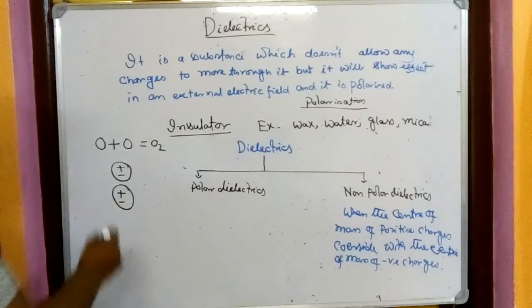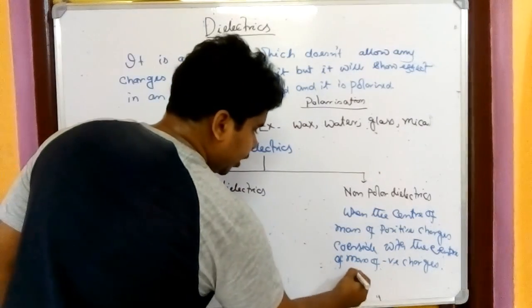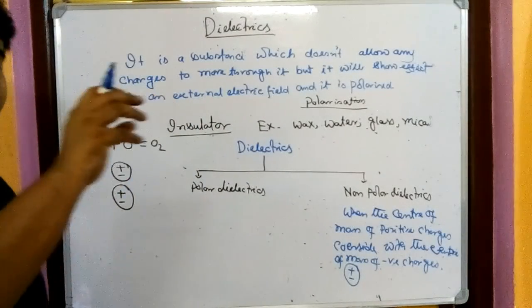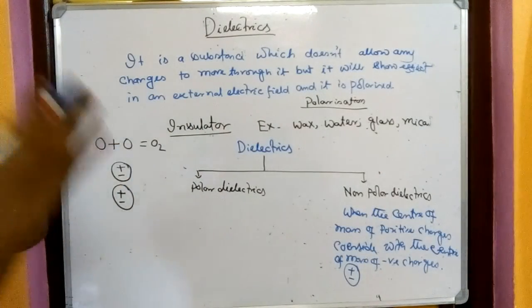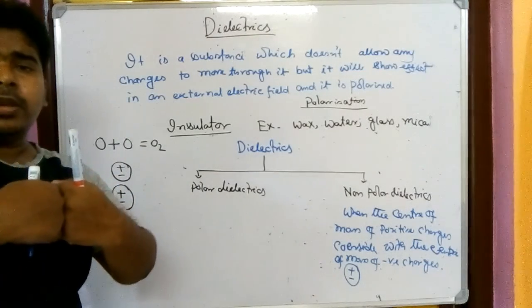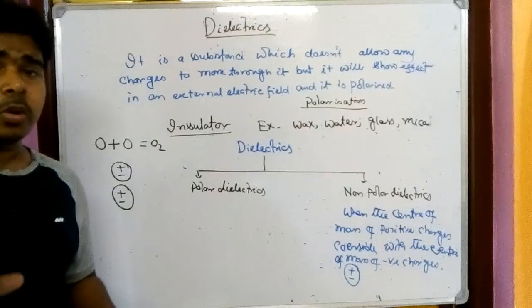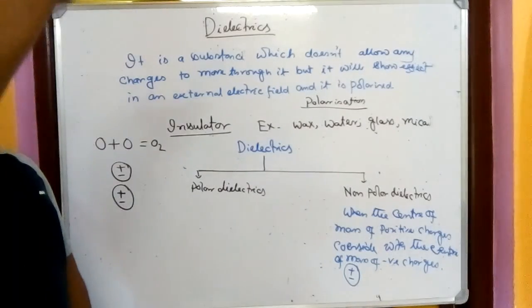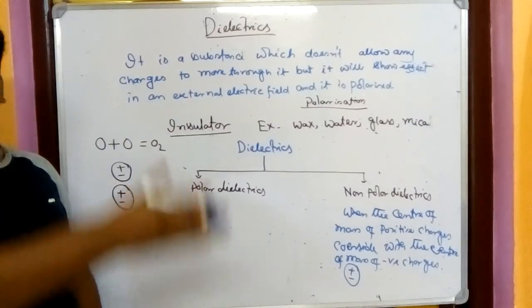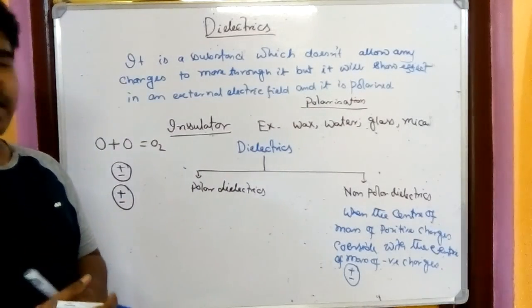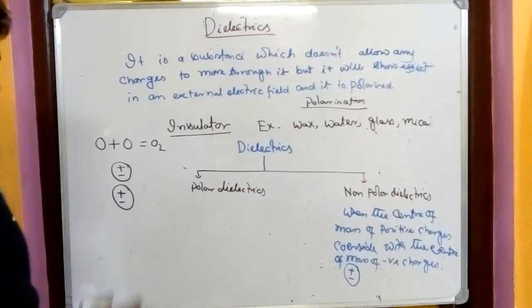Why? Because the positive and the negative coincide. Total positive charge and total negative charge coincide with each other. Coincide does not mean they collide and become neutral; it will definitely not collide, but the net line of charges will be the same, and that's why no pole is created, and that's why it is called non-polar.